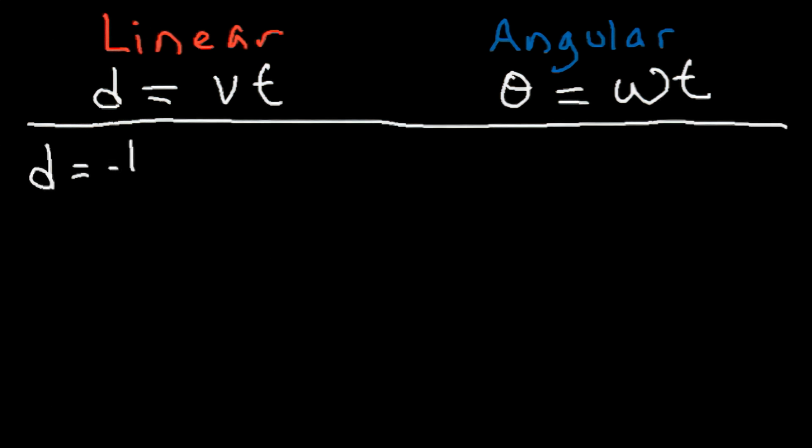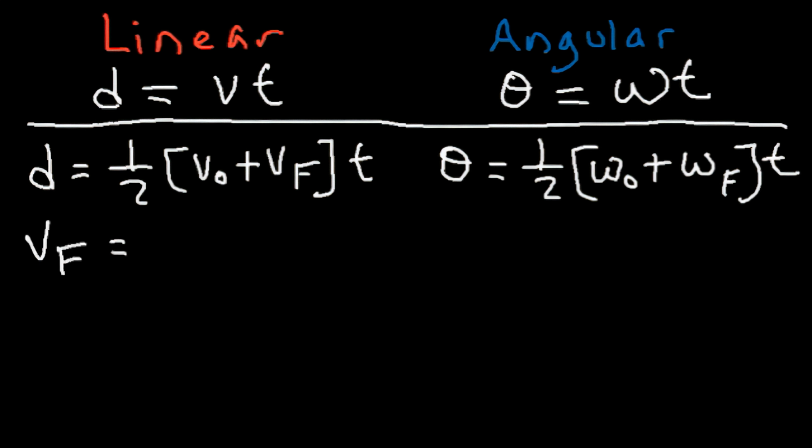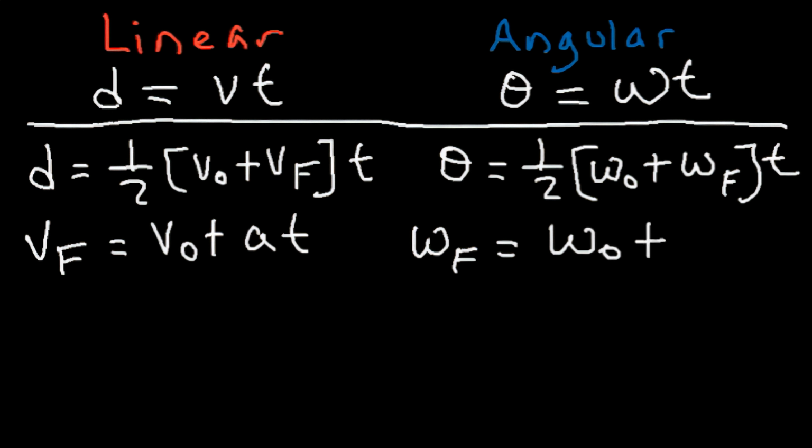linear displacement is equal to 1/2 the initial speed plus the final speed multiplied by time. Likewise, angular displacement is going to be 1/2 times the initial angular velocity plus the final angular velocity multiplied by time. Final velocity is equal to initial velocity plus at. Final angular velocity is equal to initial angular velocity plus angular acceleration multiplied by time.